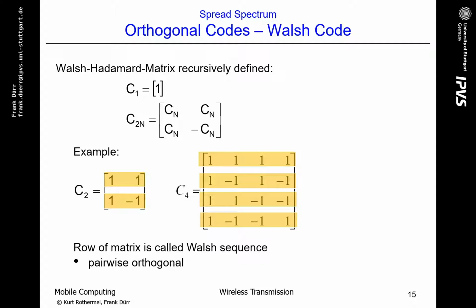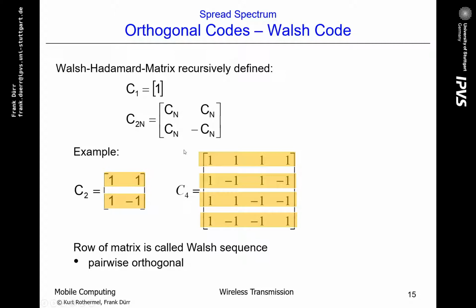So the next step would be, we take this matrix here, plug it in a non-negated form at the top left, at the top right, at the bottom left, and in negated form here at the bottom right. So 1, 1, 1, -1, you see it here, here, and here at this place. And here at this place you see -1, -1, -1, and 1. This is the negated version of this matrix here.